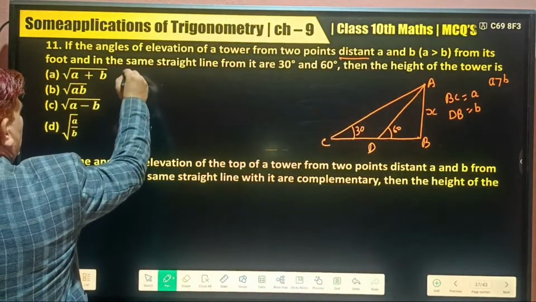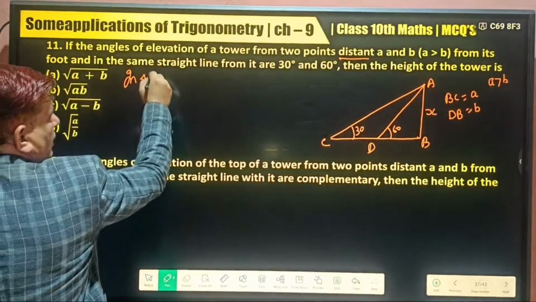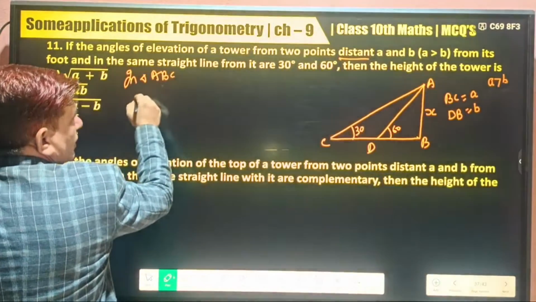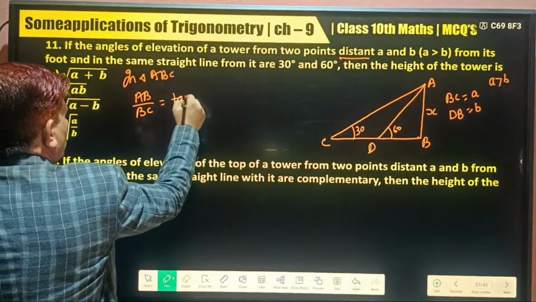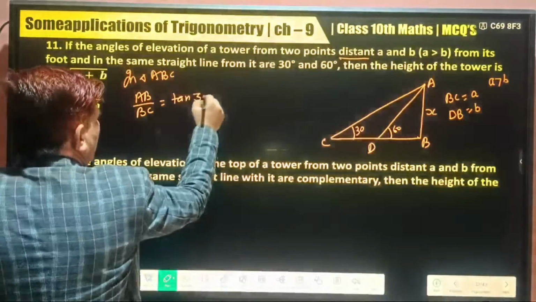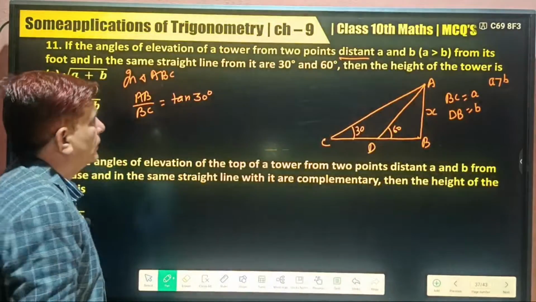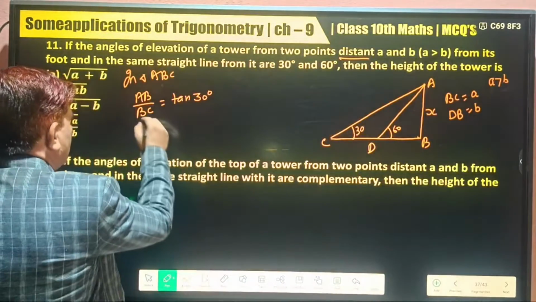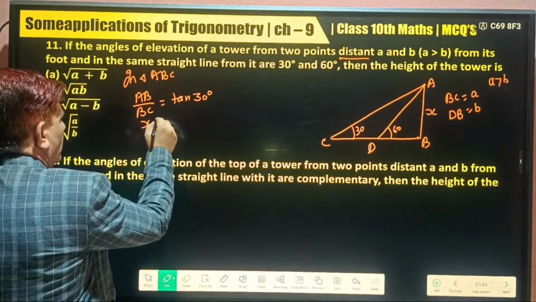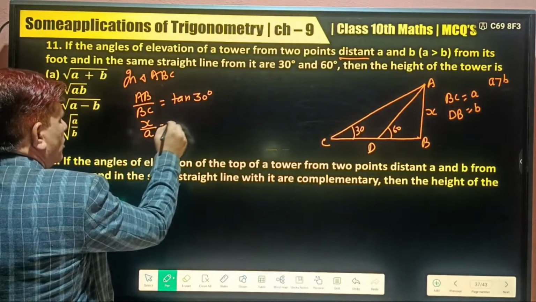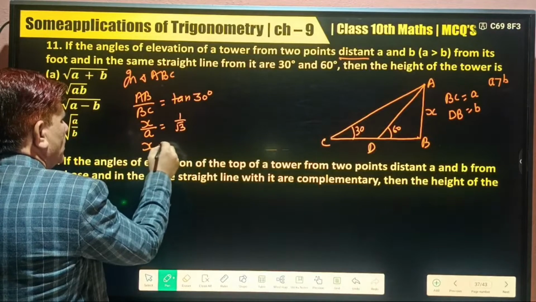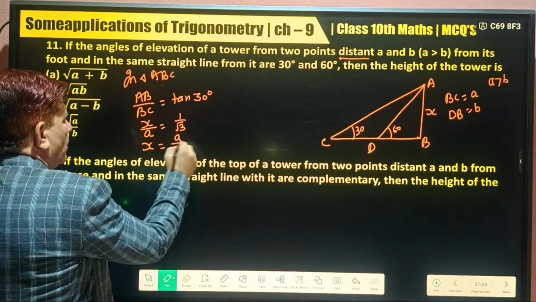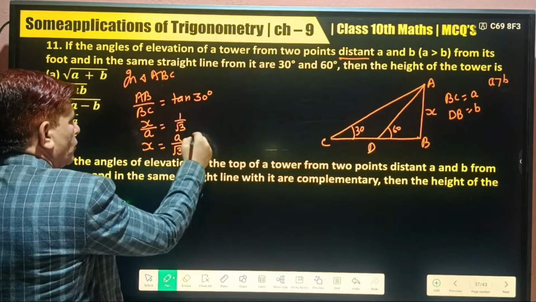In triangle ABC, AB by BC is equal to tangent how much degree? 30 degree. So AB x by A is equal to tangent 30, 1 by root 3. So what's your x? X is equal to A by root 3. This is your first.